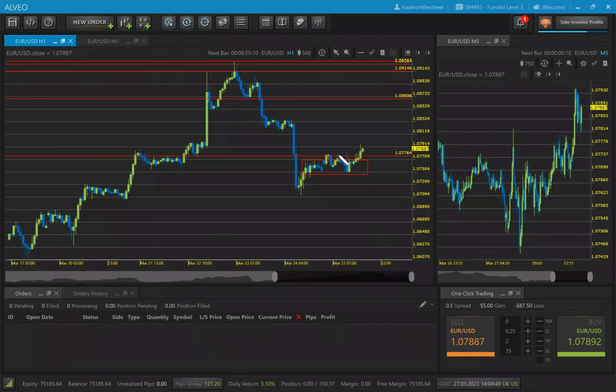It's just like it's slowly building momentum. And I don't know if that's what this is going to turn into on the hour chart, but it's a pretty weak breakout.